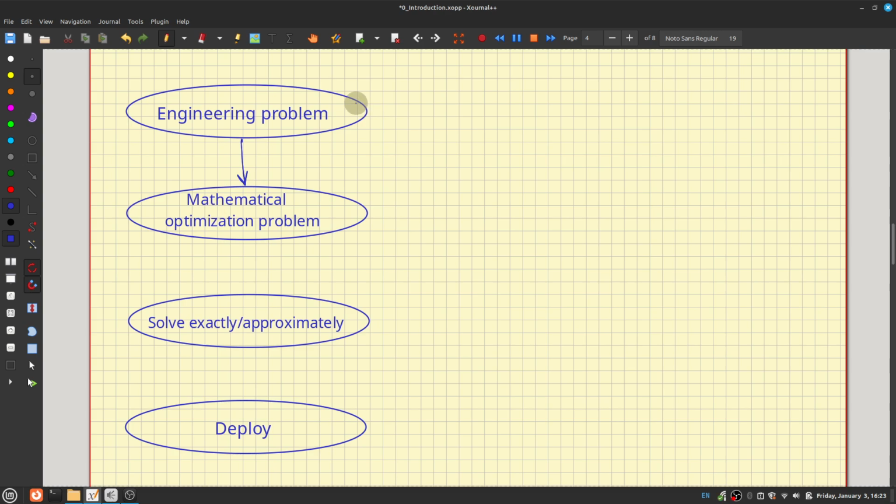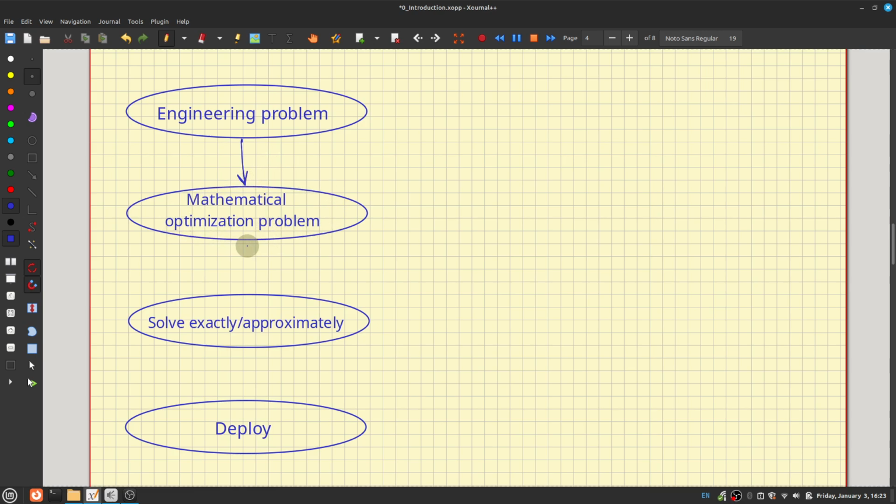So typically going from the engineering problem to a nice mathematical optimization problem is an art. How you go from here to here is not unique, and it requires you to have some background into this particular engineering problem. You have to know what is it that you want to optimize over and how you want to formulate it.